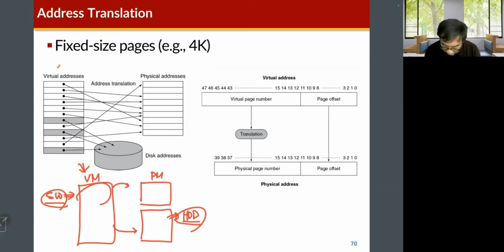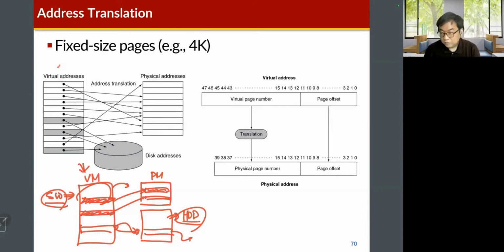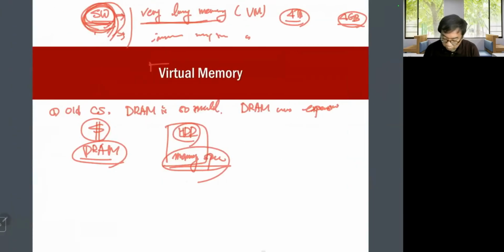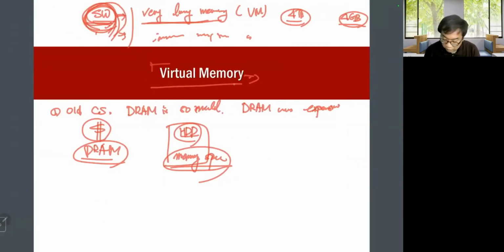So, which means that some part of the data is mapped to the physical memory, like DRAM, but some part is mapped to the storage space in the hard disk drive. So the first purpose of virtual memory is to use DRAM like a cache.